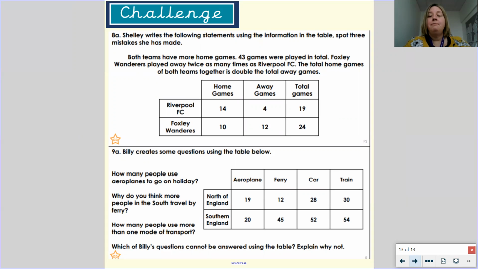Spot 3 mistakes she has made, and then Billy creates some questions using the table. Which of Billy's questions can be answered using the table? Which cannot be answered using the table? Explain why not. Remember to take a picture of your work and put it onto Tapestry.